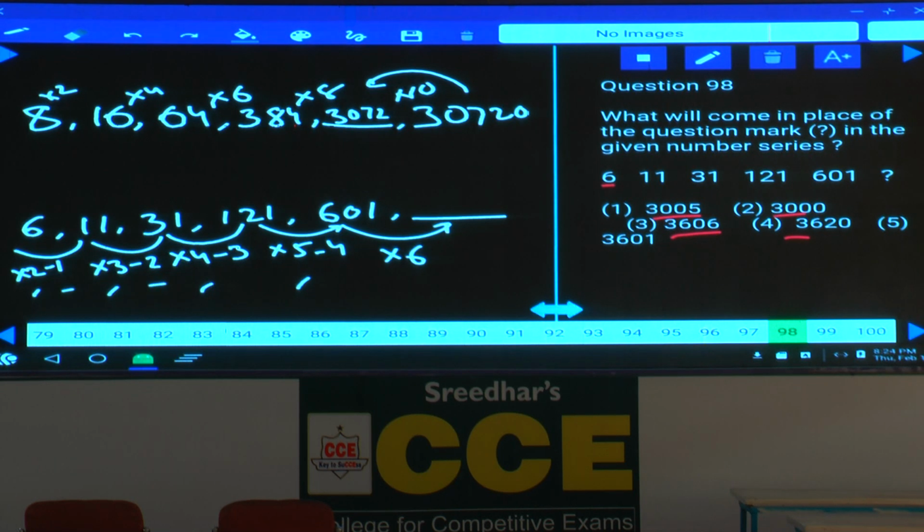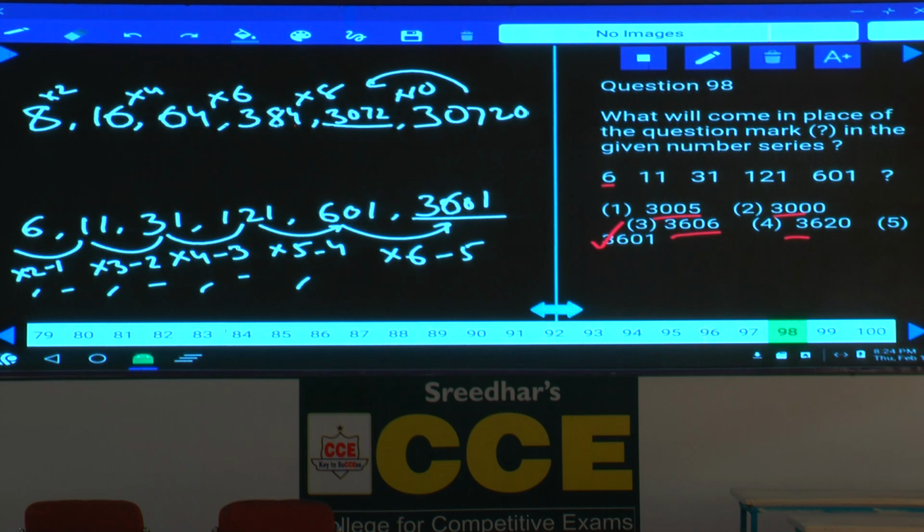Then minus 1, minus 2, minus 3, minus 4, minus 5. Now 601 into 6 is how much? 3606 minus 5 will be 3601. 3601, that is choice 5 is the answer. And anyhow, the last digit must be 1, which is given only in choice 5.